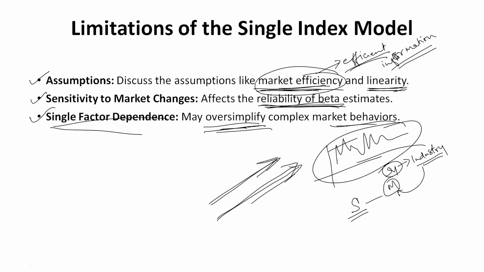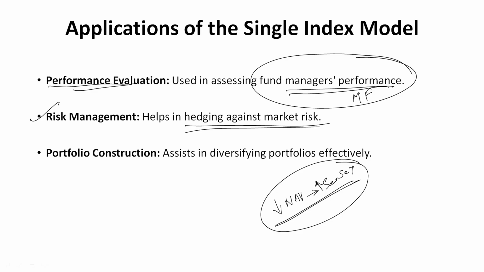But when I look at the overall equation, it seems very simple, and it reflects that the movement of my stock is either directly or inversely proportional to the overall index. So that single factor dependence is another limitation of it. Sometimes it may not reflect all those factors.